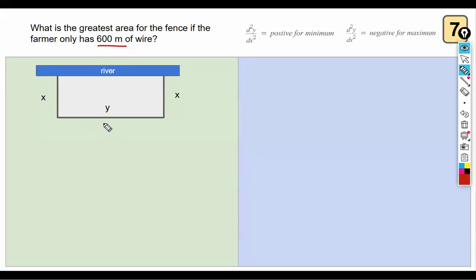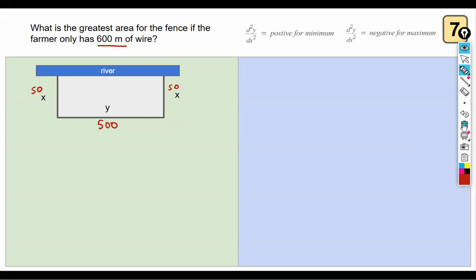Should we arrange it that over here is 500 and the two sides are 50? How much of you think that's the best way to arrange the fence so that we get the maximum area? Well, remember, 50 plus 50 plus the 500 is what? 600, right? We use all the wire.